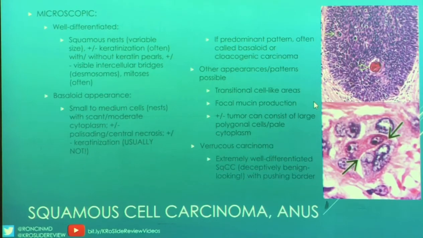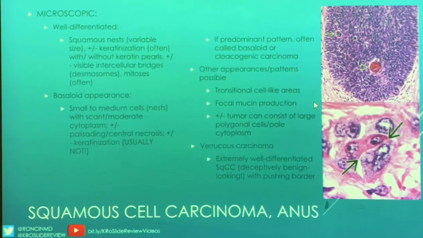Of course, there are other patterns. Transitional cells, so does it look like urothelium, where you'd have more elongated cells with those longitudinal folds. You can have mucin production, and you can have very large polygonal cells with pale cytoplasm encompassing your entire tumor, so that can also add to some of the fun.